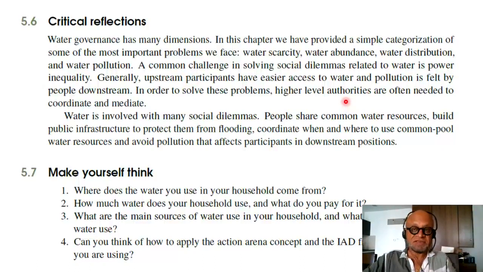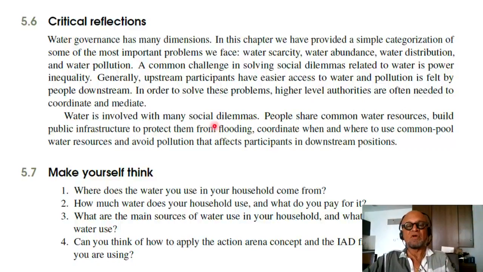Economic access, physical access, not just regulation and governance, but whether your socioeconomic status allows you a fair share or not. Generally, upstream participants have easier access to water, and pollution is felt by people downstream. In order to solve these problems, higher level authorities are often needed to coordinate and mediate.